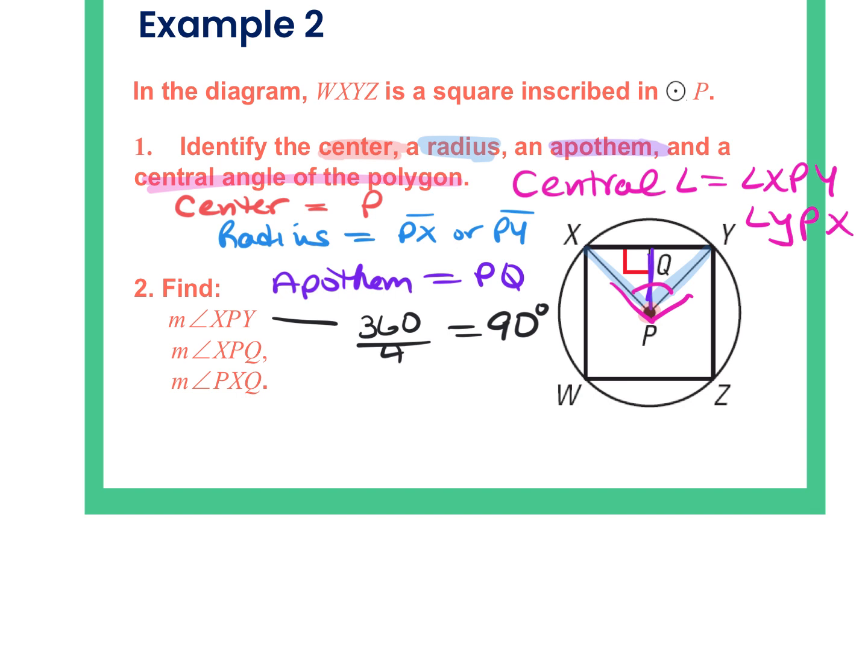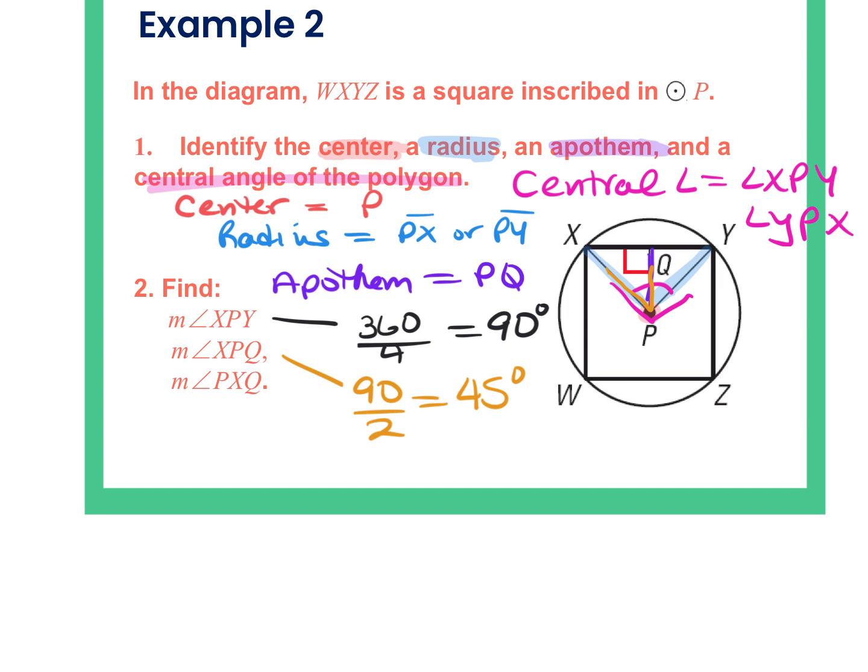Let's do gold. XPQ is this angle here. Once you draw in the apothem, this central angle is bisected. So this is going to be 45 degrees.